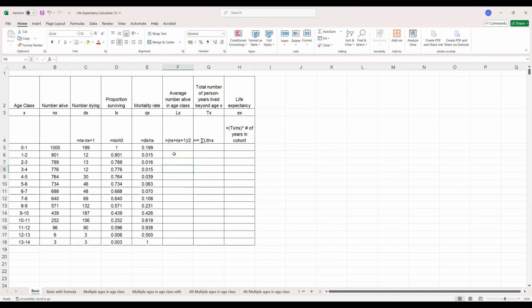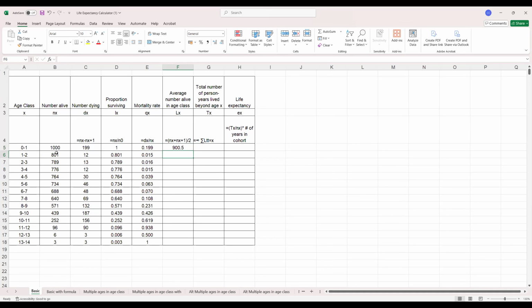From there, we go to average number alive in class. So please take note of the use of the parentheses here, which is very important because the parentheses tells Excel what to do first. So we add the 2 age classes and divide them by 2.